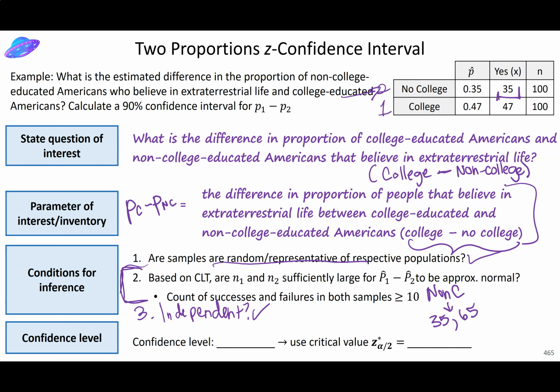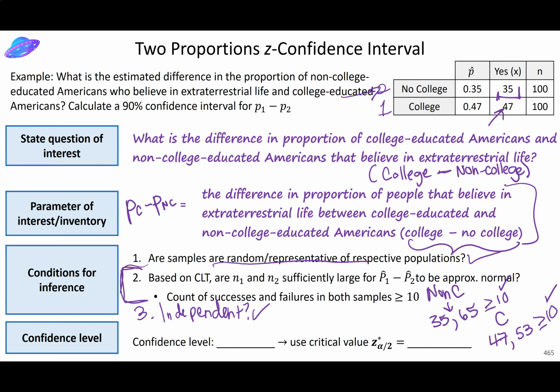So 35 believe in it, 65 didn't. Both of those are at least 10. That's good. If I look at college, I had 47 folks that believed in extraterrestrial life, which means I had 53 that didn't. Both of those are at least 10. So yes, I meet the size condition. Both of my samples are big enough.